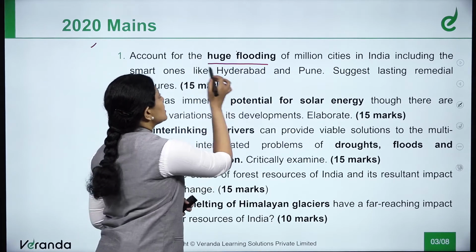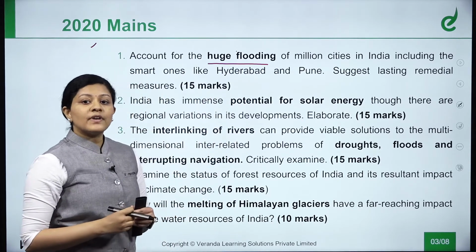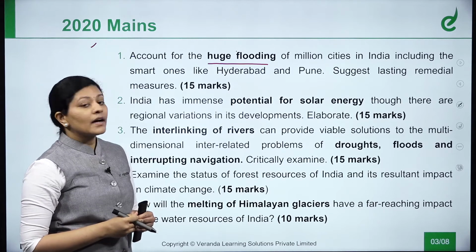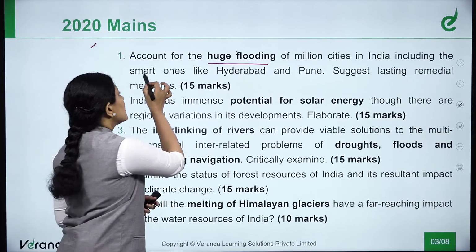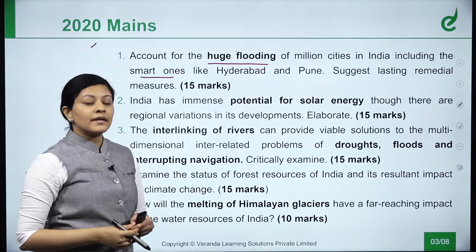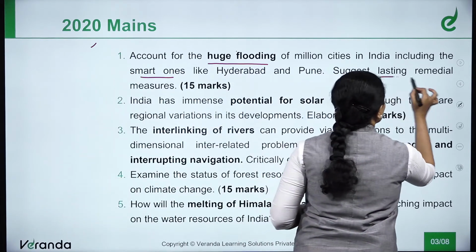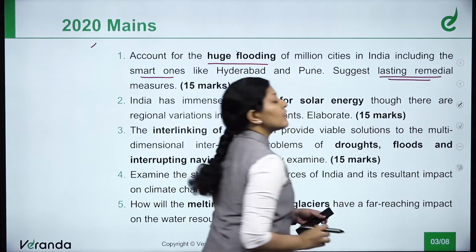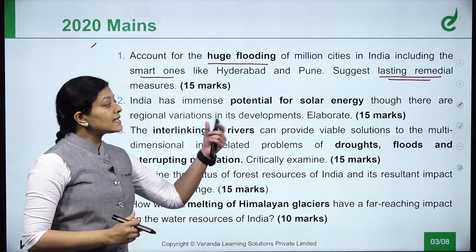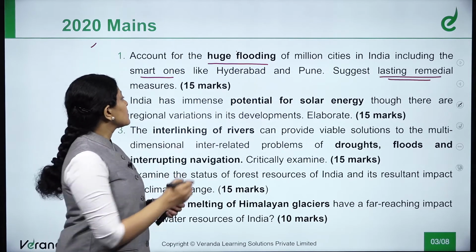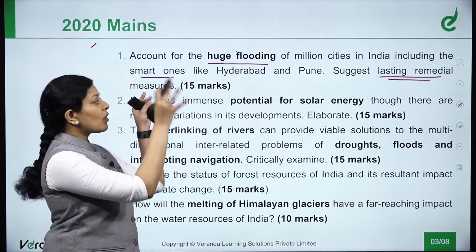So here they have asked: account for huge flooding of million cities in India, including the smart ones like Hyderabad and Pune. Suggest lasting remedies. Could you see here? They have not asked for immediate remedies. They have asked for lasting remedial measures. So you could understand what the keywords are.